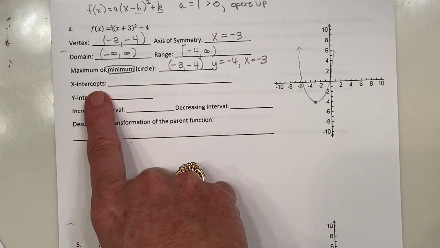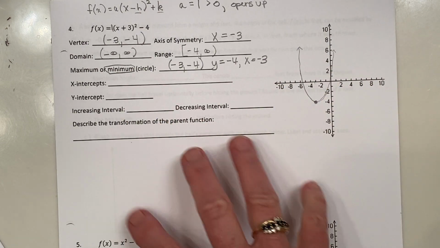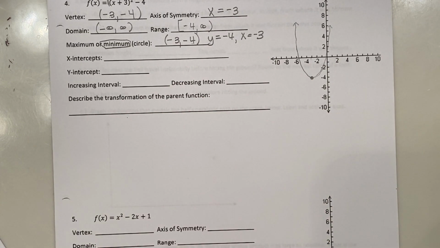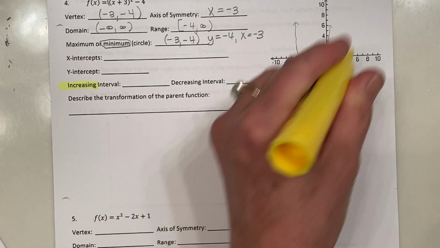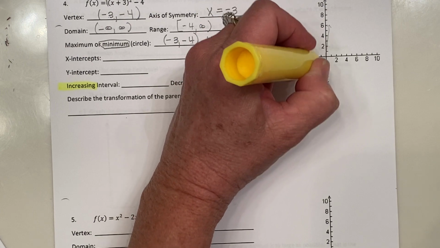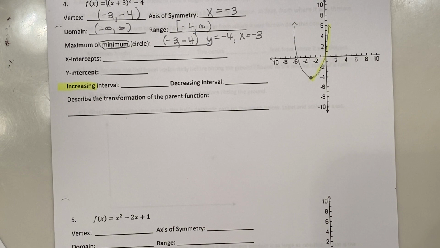Do I have any x-intercepts? Yes, I do, based on the visual. Do I have a y-intercept? Yes, I do. I'll do that work here. Let's go ahead and take care of the increasing and decreasing intervals. We can do that based on just what we have. Increasing, I might not want to highlight it too much because I might have to tweak it.